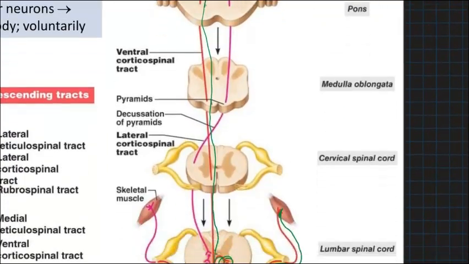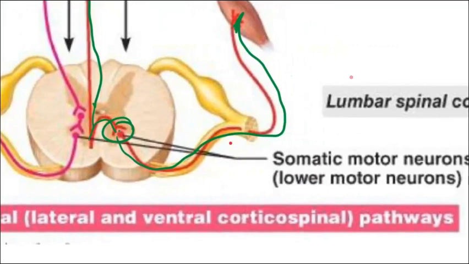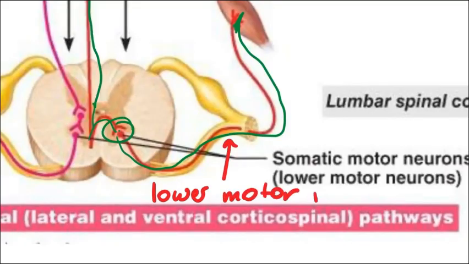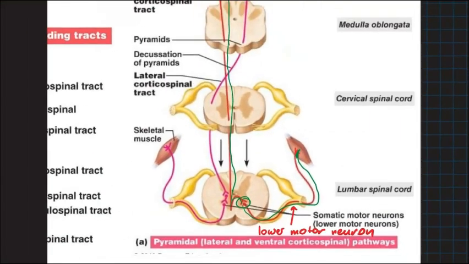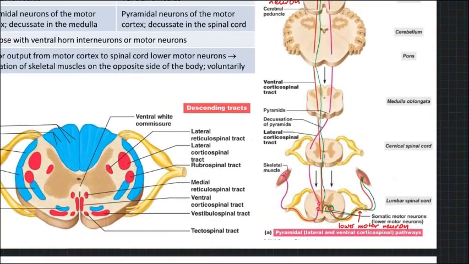Now, the neuron that is here, that connects spinal cord to the muscle, is called lower motor neuron, which kind of makes sense. Now, why this is important, and really clinically important, I'm going to demonstrate it to you.